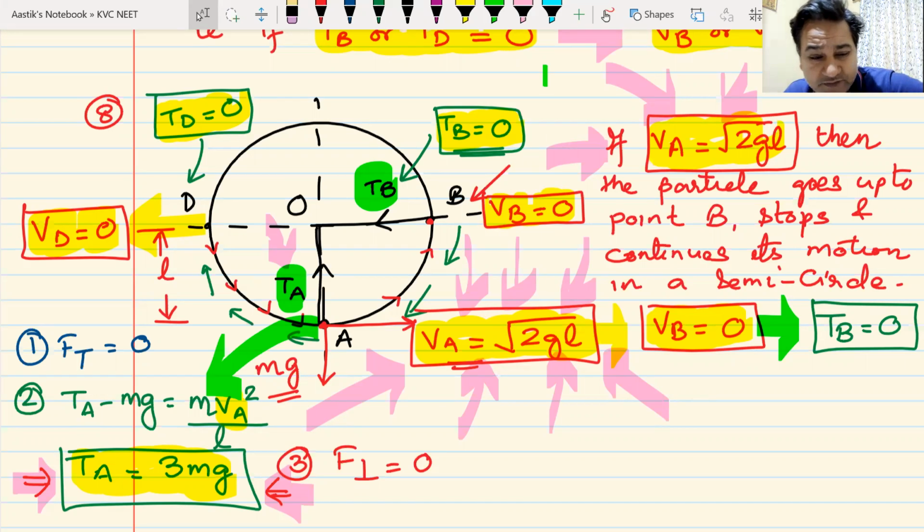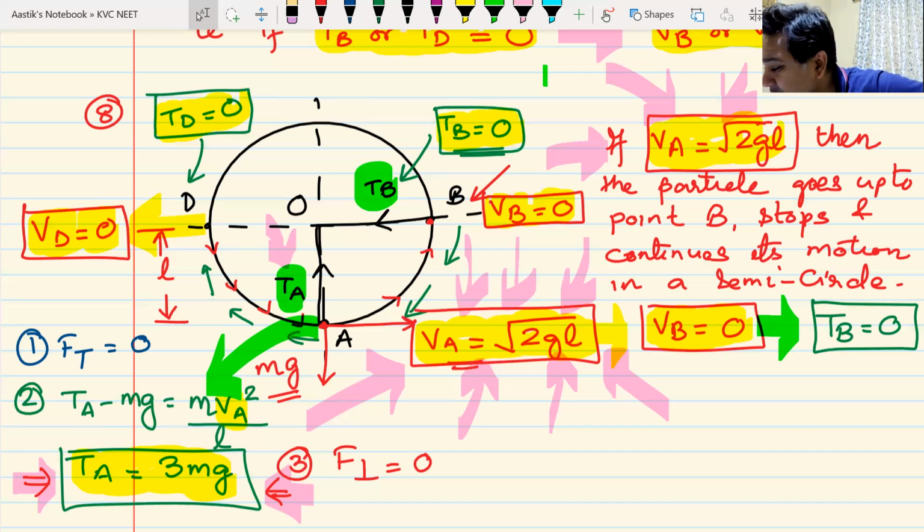I told you that everything depends on how much velocity I have given at point A. If the velocity given at point A is exactly equal to root over 2gl, then what happens? The particle goes up, it reaches the point B, which is the diameter wala height. It stops there.